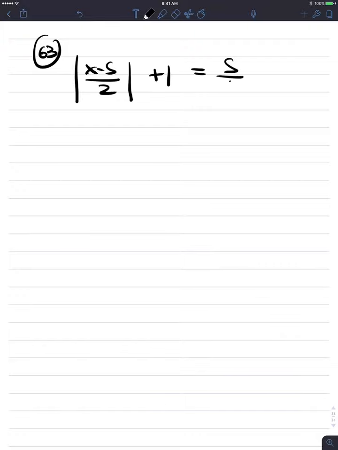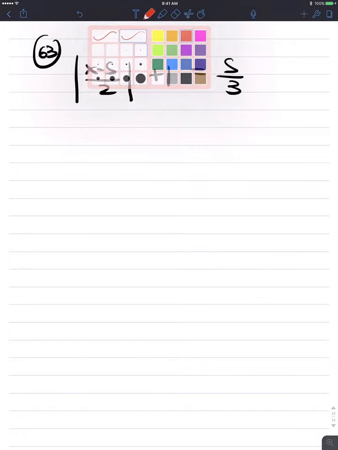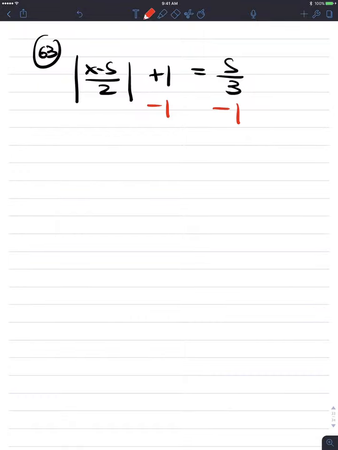Number 63. The absolute value of x minus 5 over 2, plus 1, is 5/3. Let's subtract 1 from both sides because we have to solve for our absolute value.